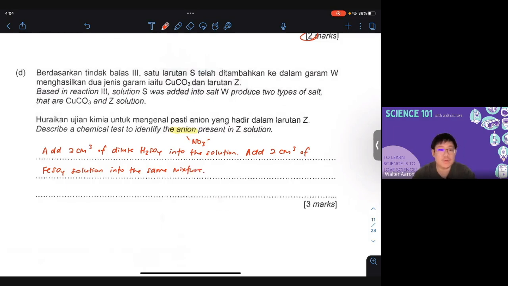And then finally, you say slowly add, or gently add, concentrated sulfuric acid, H2SO4, on the walls of the test tube.